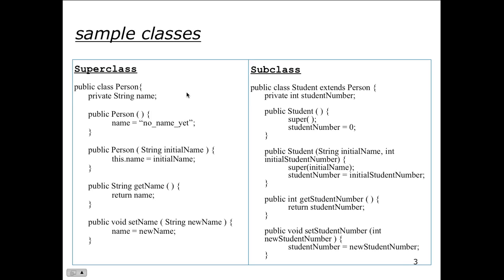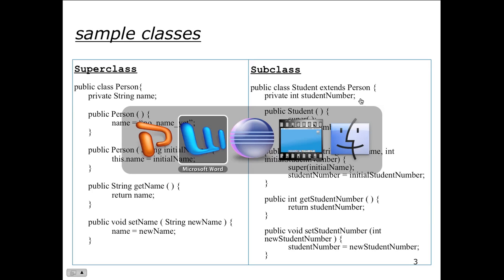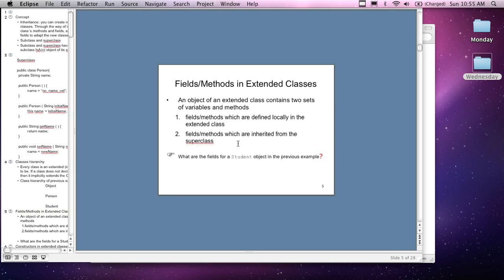Here's a class example. So public class person. And person has a string name. In fact, let's see this live, because then I can make it bigger.